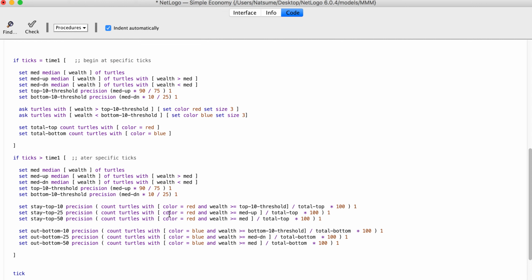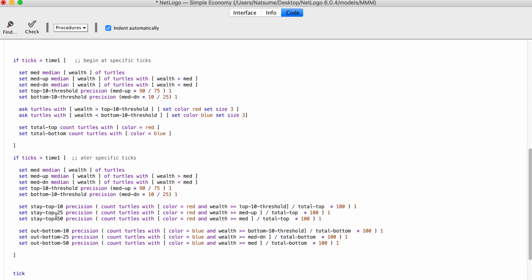Similarly, we can calculate the ratio for the turtles who not only belonged, at time 2,000, to the group of top 10% richest, but also whose wealth at this moment belongs to the top 25% of the wealthy turtles, divided by the total top, which means what is the percentage of the turtles who maintained their wealth within the top 25% of the population.